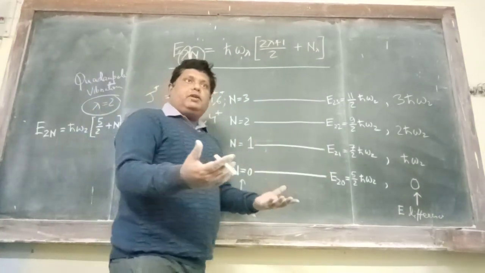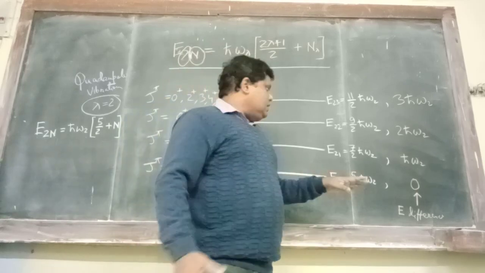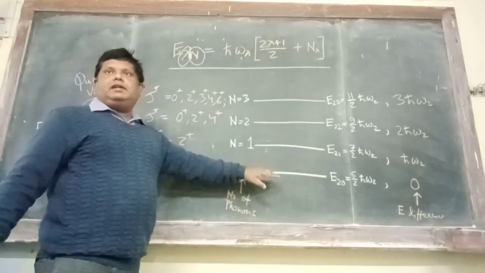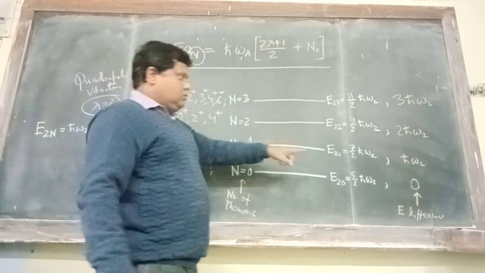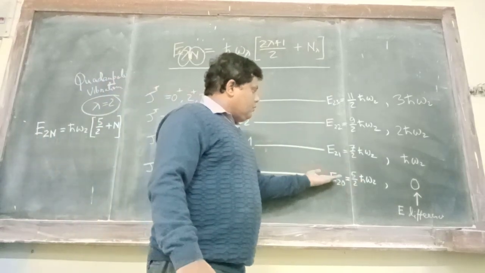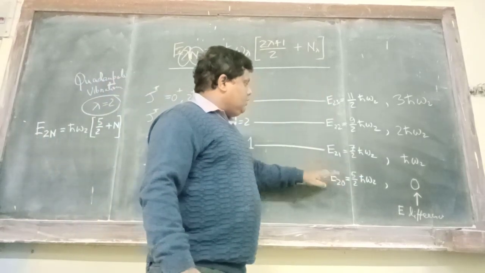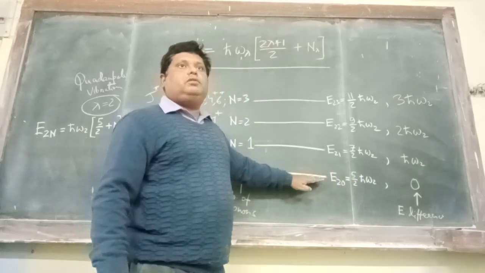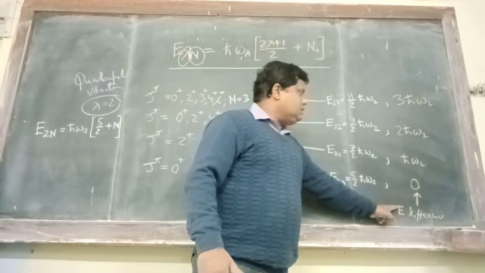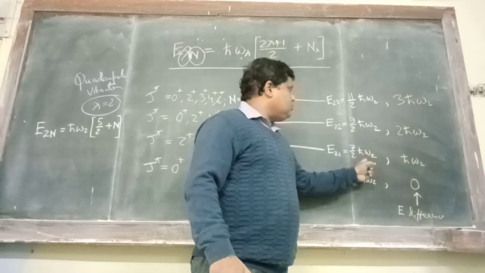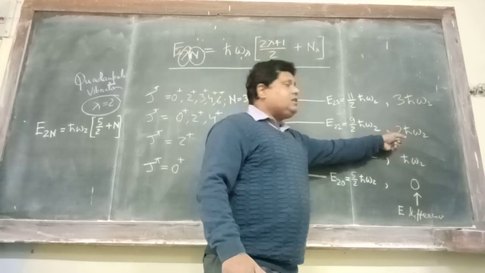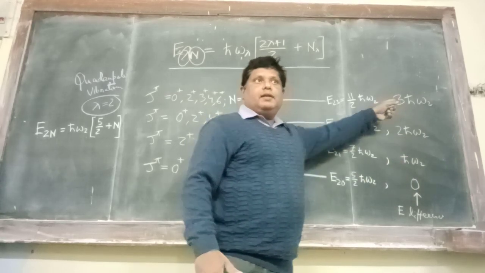But you see, whenever we are looking into the level scheme, we just disregard the ground state energy and look into the differences. So this is what I have done here. From all these values, if I subtract the energy corresponding to the ground state, this is the difference: 0 ħω_2, ħω_2, 2ħω_2, 3ħω_2.